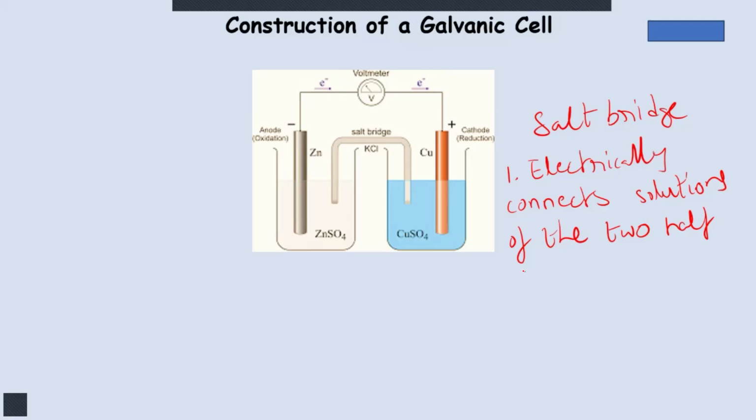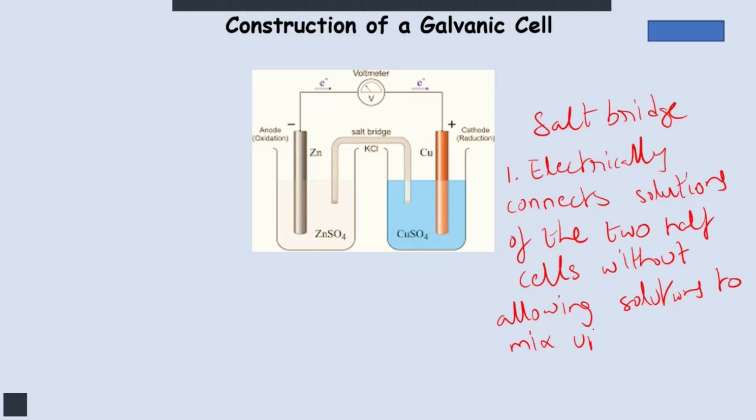This is very much necessary to complete the circuit. And the salt bridge connects the solutions of the two half cells without allowing the solutions to mix up. So this is one role of the salt bridge.